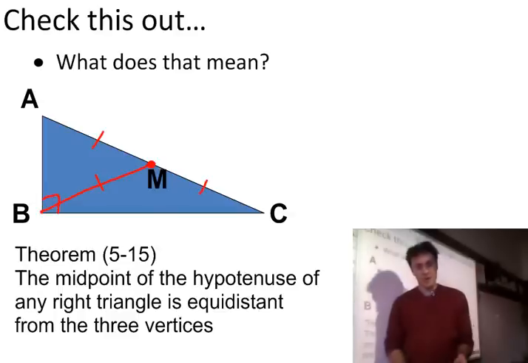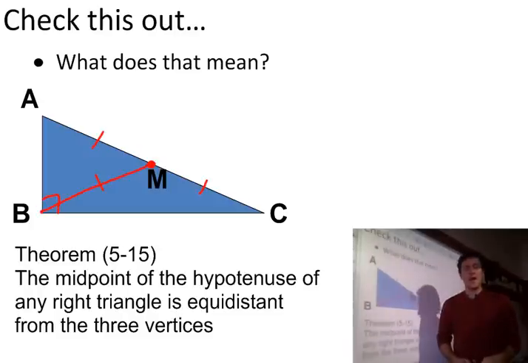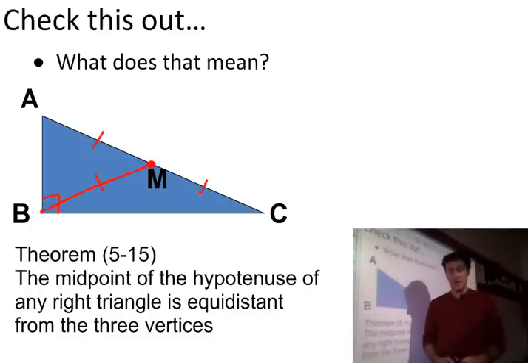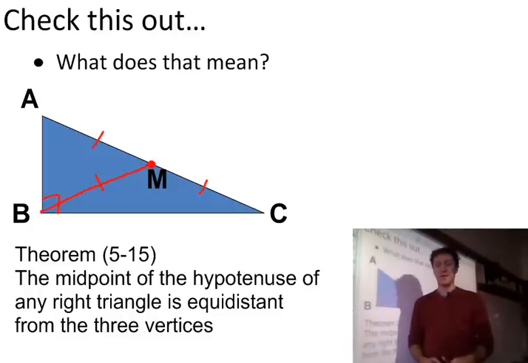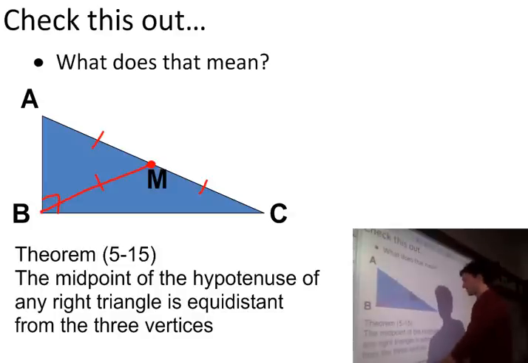So that brings us to theorem 5-15. It says that the midpoint of the hypotenuse of any right triangle is equidistant from the three vertices. So you start here at the midpoint. If I am right here at the midpoint of the hypotenuse, any right triangle.